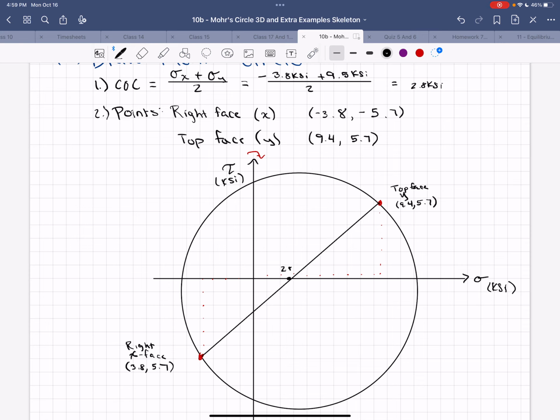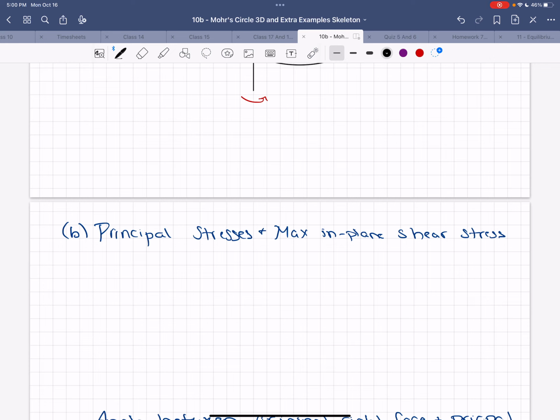So look at this. I left all my notes. Principal stresses and max in-plane shear stress. So first we'll calculate the radius, because that's the max shear stress. So that equation, sigma x minus sigma y, all over 2 squared plus shear stress on the xy plane squared, and the square root of all that. So we plug those numbers in.